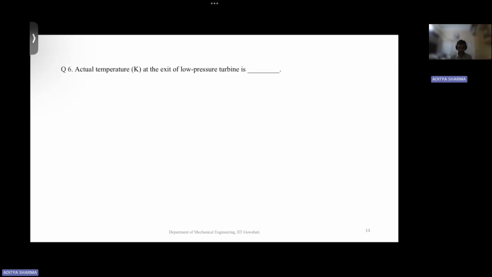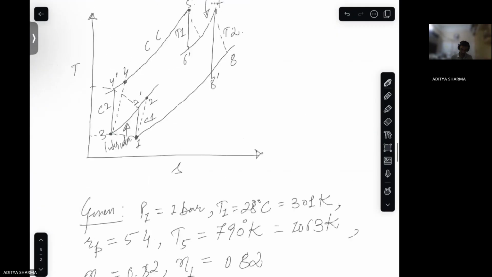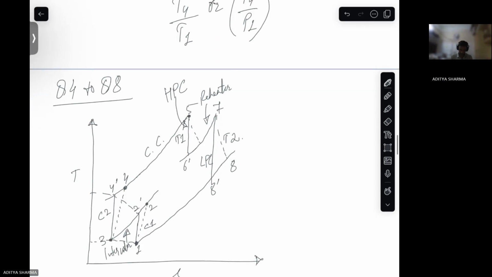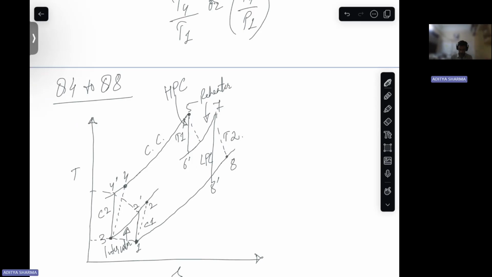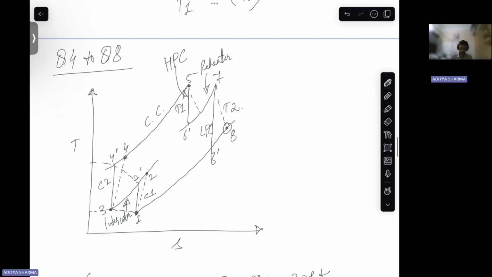Then, actual temperature at exit of low pressure turbine is asked. So low pressure turbine, let's see. This is your low pressure turbine. This is your high pressure turbine. So the question asks you to find out T8.